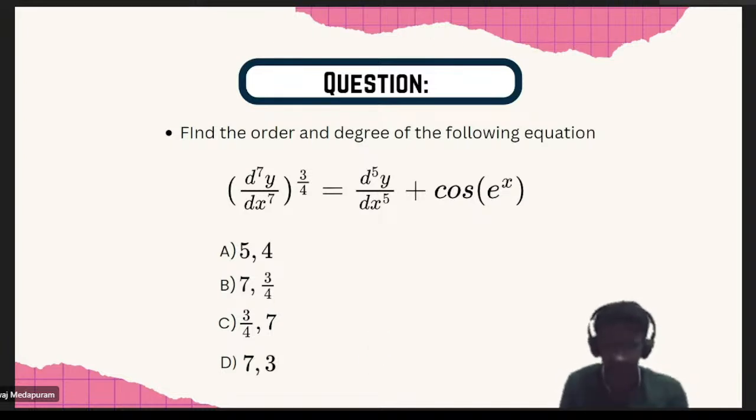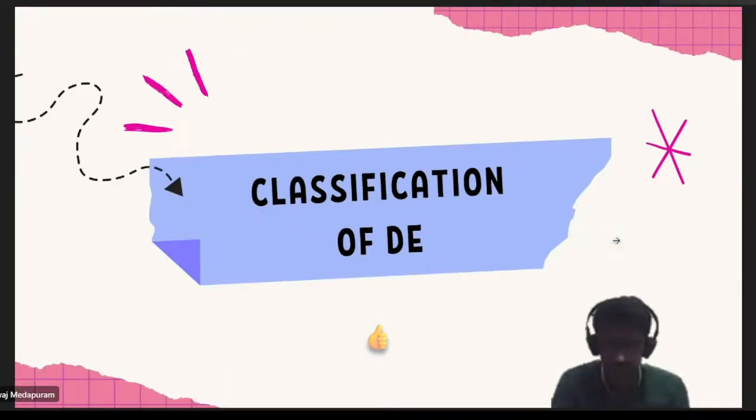We'll continue now. Till now, we have discussed some terms like order and degree. Now we are going to look at the classification of differential equations. So why do we need classification of differential equations? For solving any type of differential equation, it's important to find what type of differential equation it is.